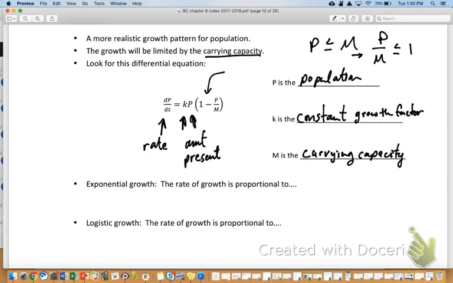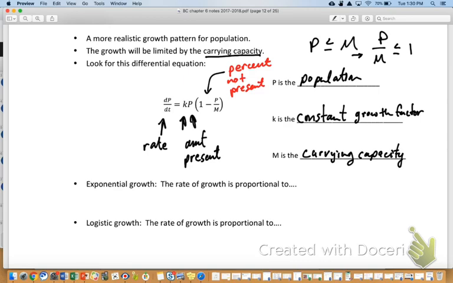So think about this. 1 minus P over M. Okay, so we're talking about something not present, but I wouldn't say it's an amount. It's a percent not present. There we go. So wouldn't the 1 in there represent 100%? Yeah. So that whole factor is the percent not present.